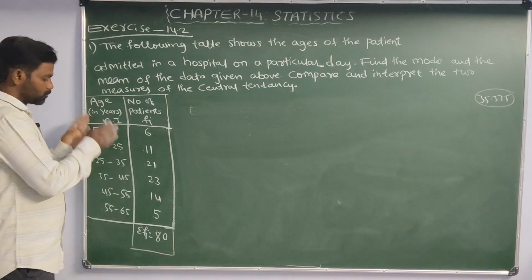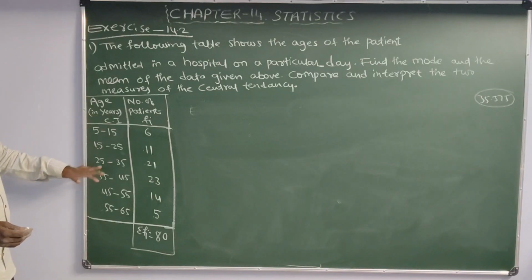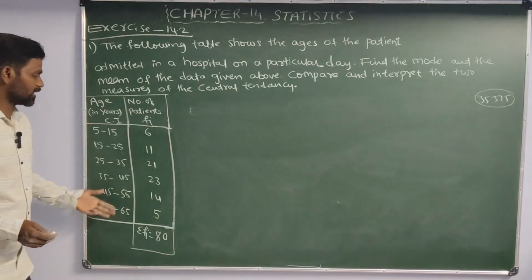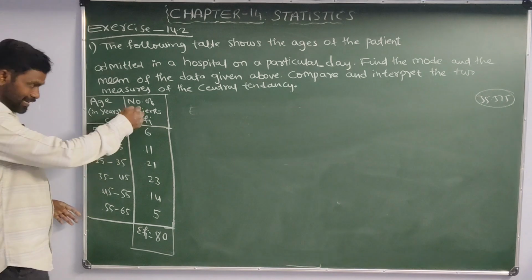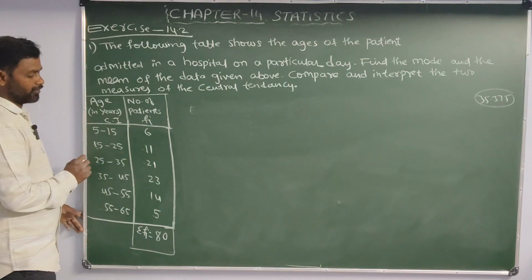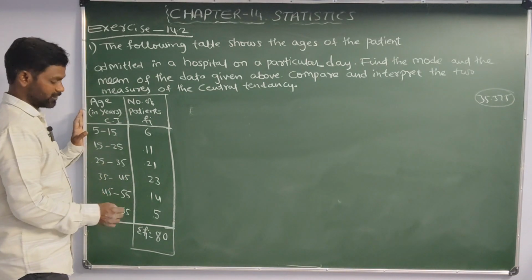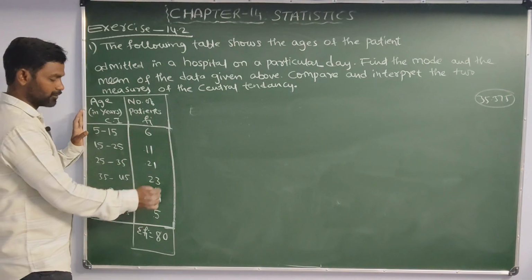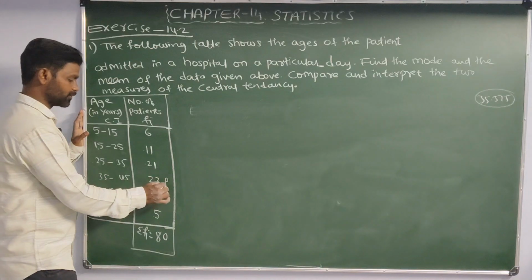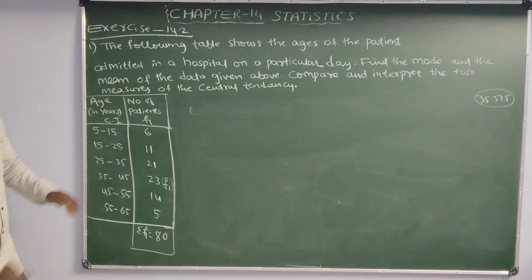Soon after looking at the class intervals, if they are exclusive, we have to check the frequencies and locate the highest frequency. Out of all these, the highest frequency is this one, so write it down as F1.